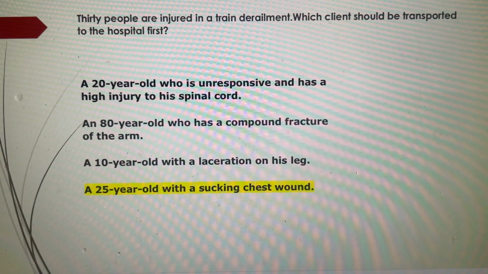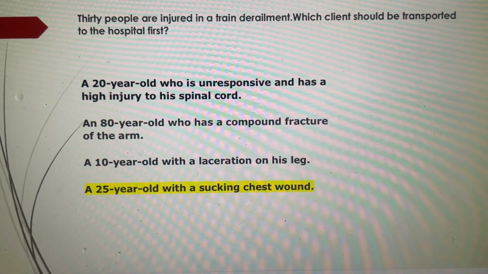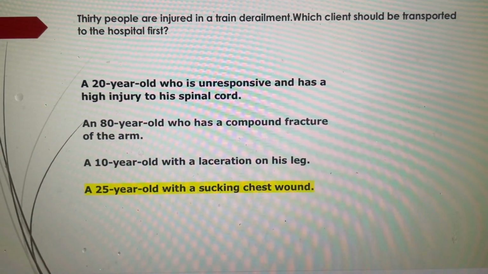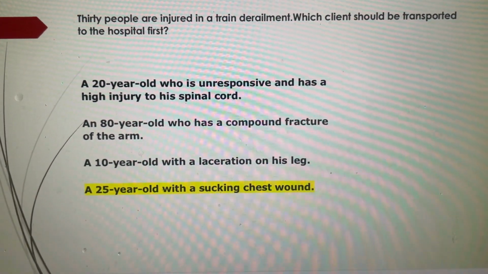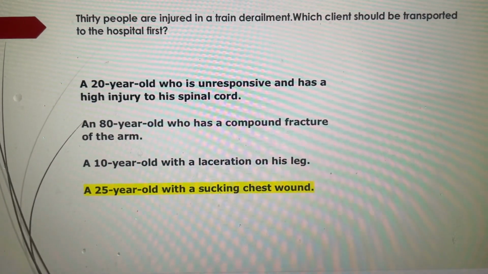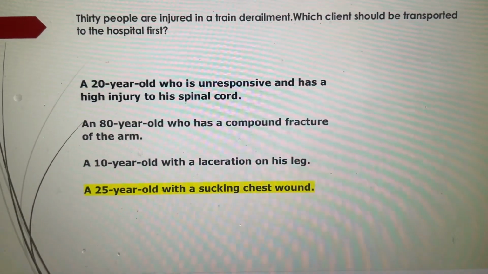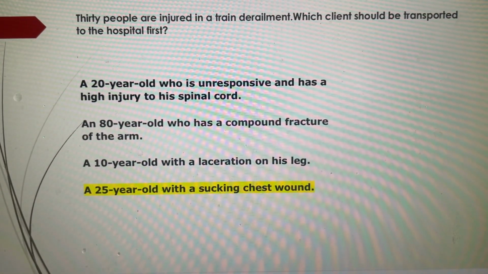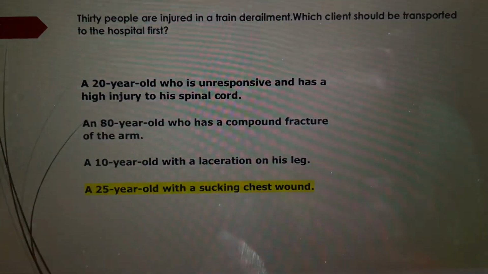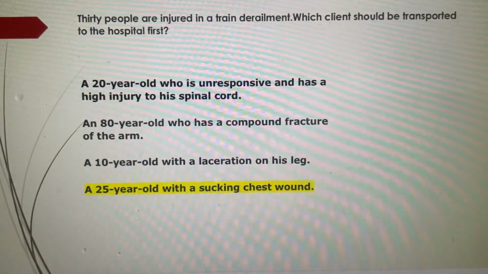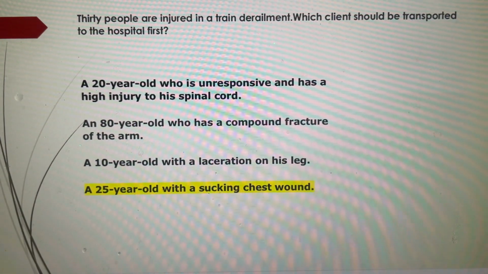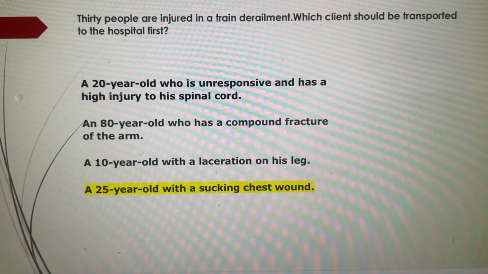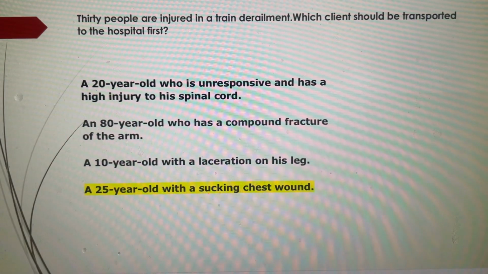while this number 3 option is a 10-year-old with a laceration on the leg. Well, a laceration can be a deep laceration, whether it needs suture or not. It's not really specified here, but we will assume that this 10-year-old can still walk, even though there is a laceration, and we will tag this patient as a green tag, or wait. Wait tags are reserved for the walking wounded.